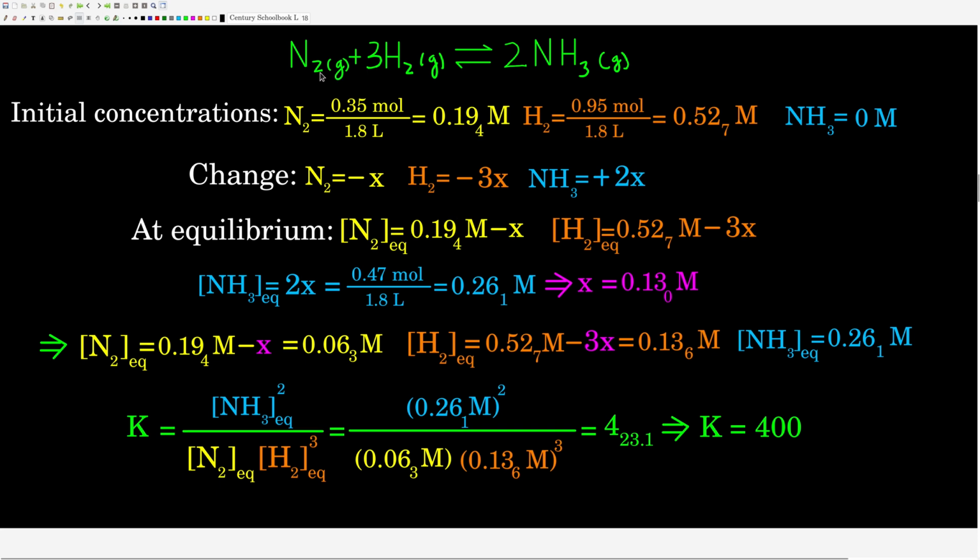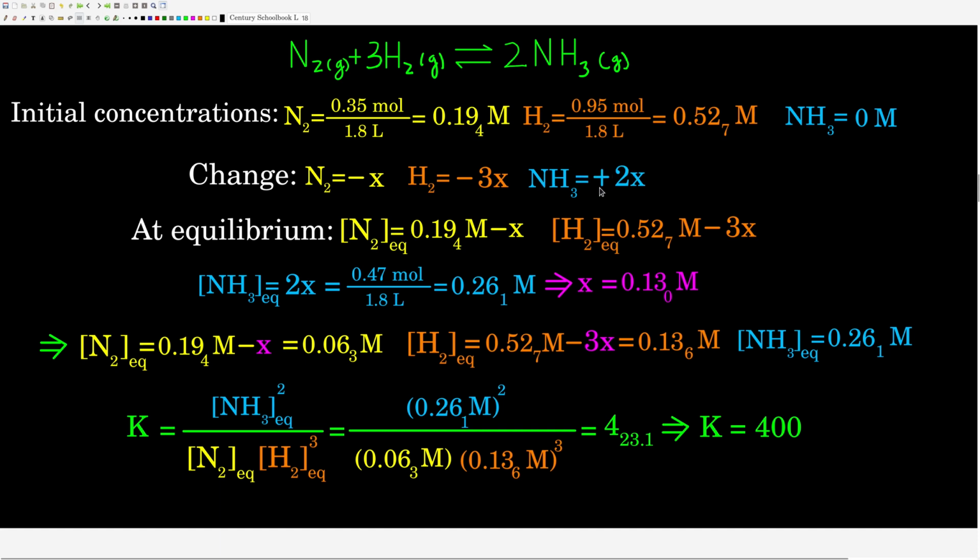And because for every 1 nitrogen that reacts, 3 hydrogens react, the change in concentration of hydrogen is going to be minus 3X. And then because we make 2 moles per liter of ammonia for every 1 mole per liter of nitrogen, the change for ammonia is going to be plus 2X.